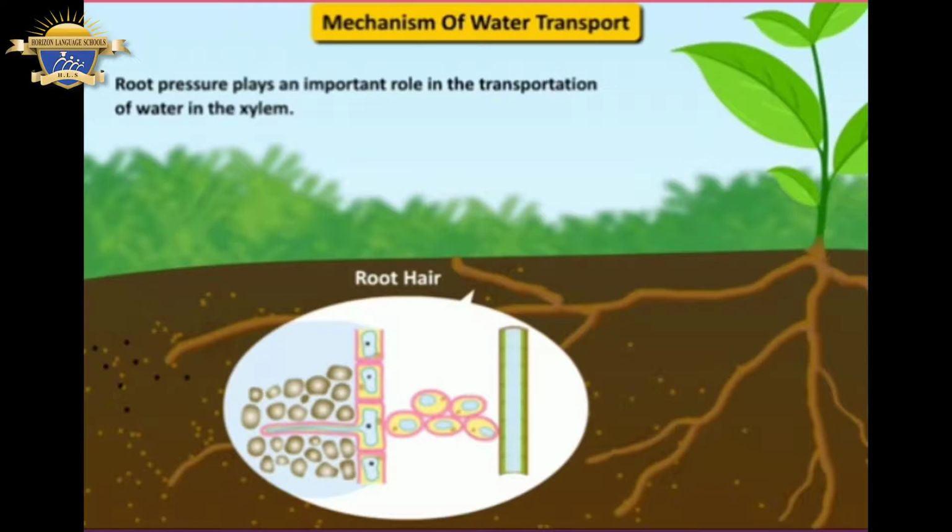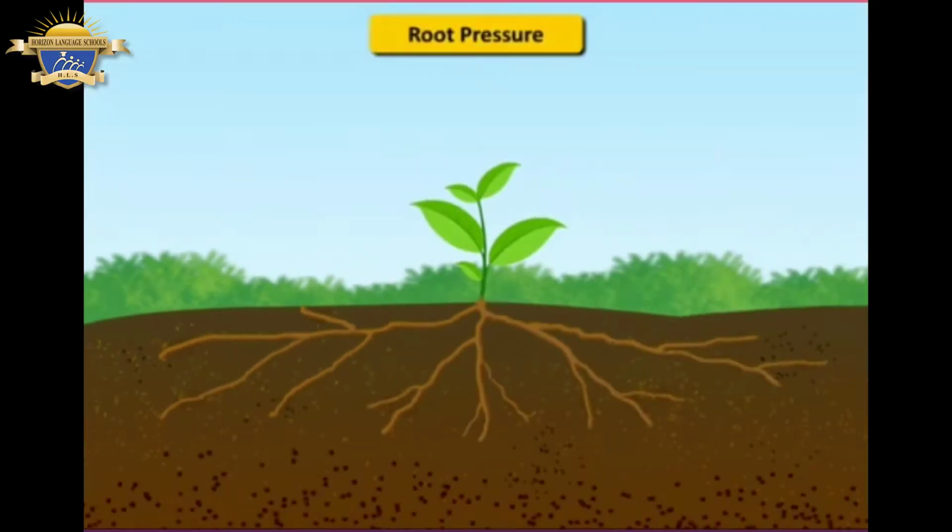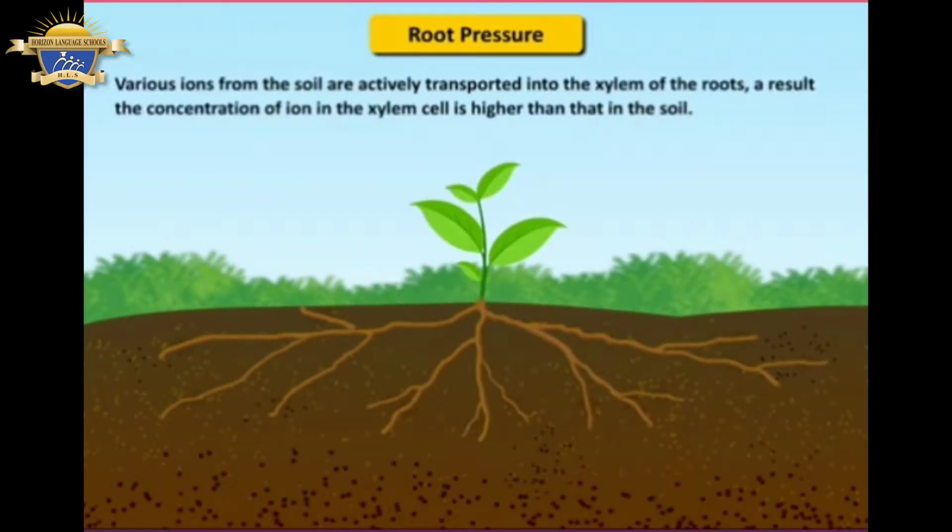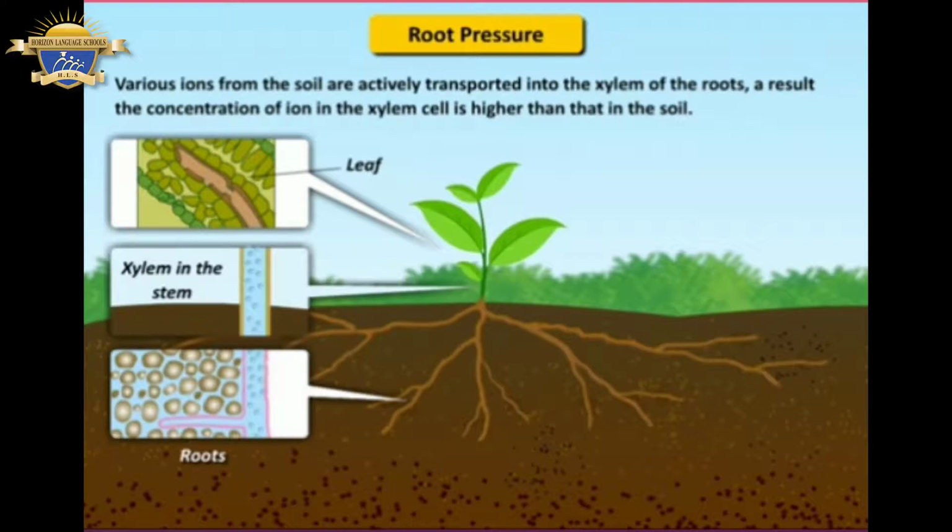Root pressure plays an important role in the transportation of water in the xylem. Various ions from the soil are actively transported into the xylem of the roots. As a result, the concentration of ions in the xylem cell is higher than in the soil.